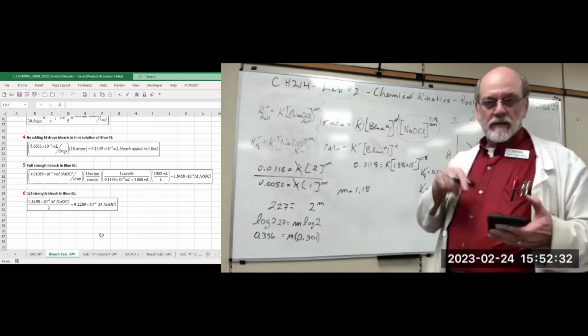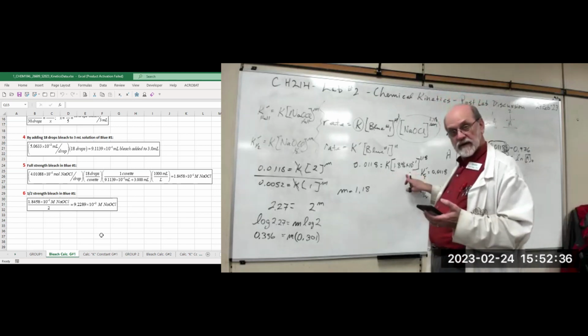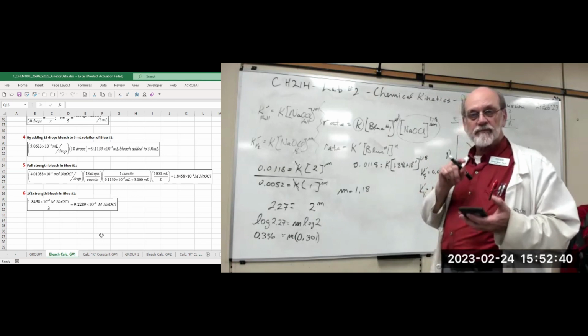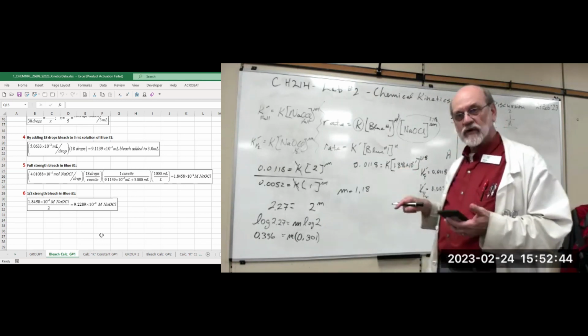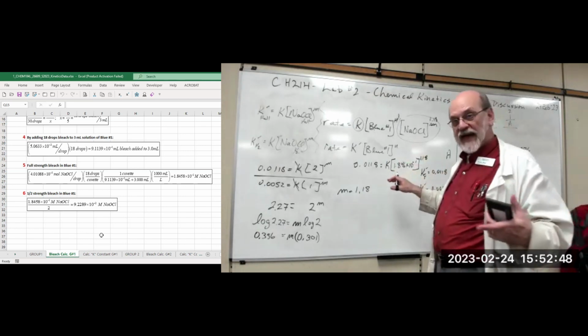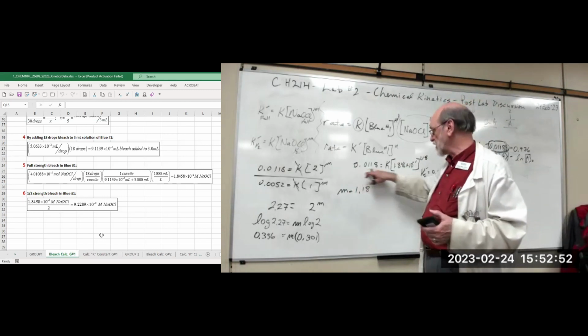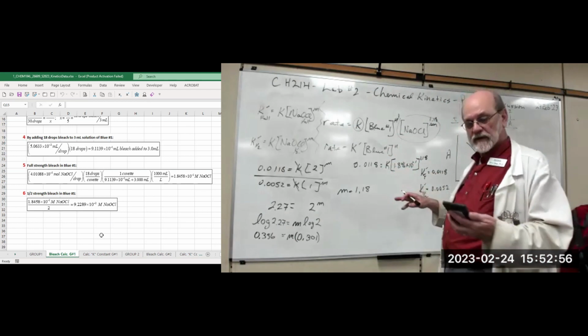My calculator, if I put this number in and enter it, and then I put this number in behind it, then all I have to do is click the button Y to the X, and it will calculate that value. If yours will not do that, then you have to go to logarithms and say the log of this, the log of that, and go through that rigmarole again.